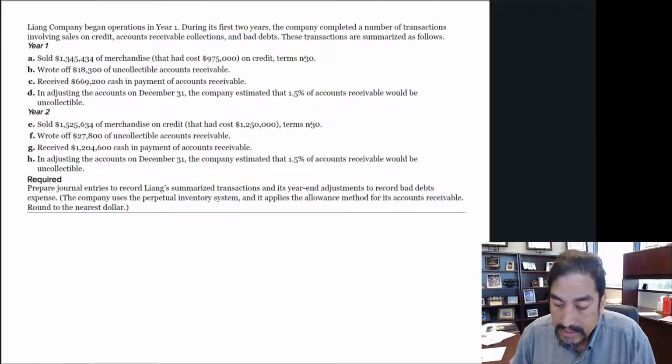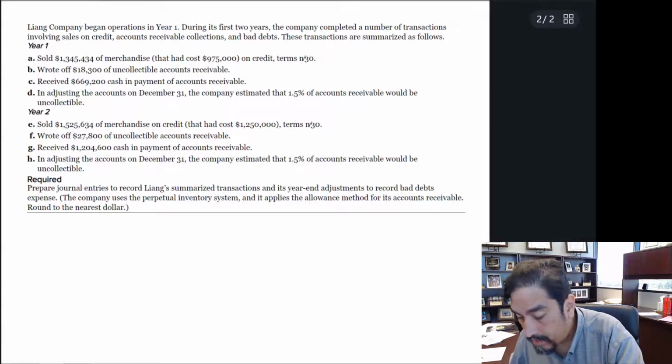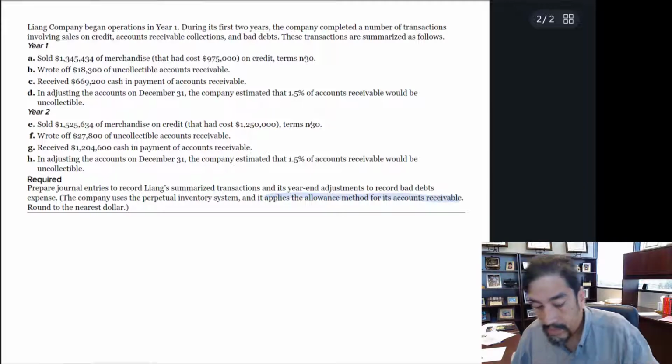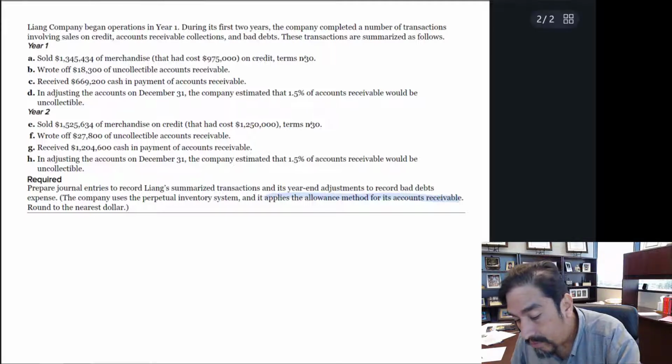That also says the company estimated that 1.5% of accounts receivable would be uncollectible. It tells us down at the bottom that we use the percent of receivables method, though it doesn't say it in that language.